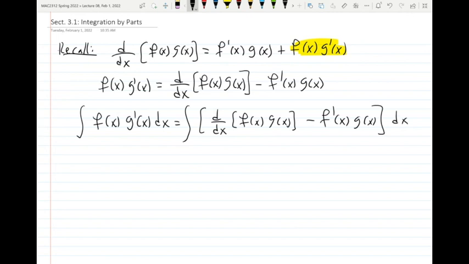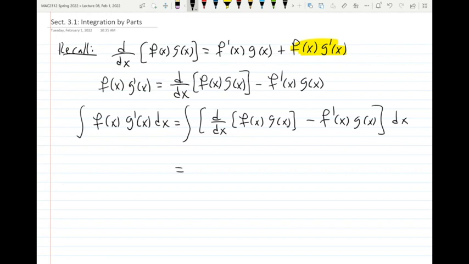As you know, the integral of a difference is the difference of two integrals. Now, what happens when you integrate a derivative? They cancel out. Remember, they are inverse operations, right? Up to a constant, but the constant we collect on the other integral anyway.